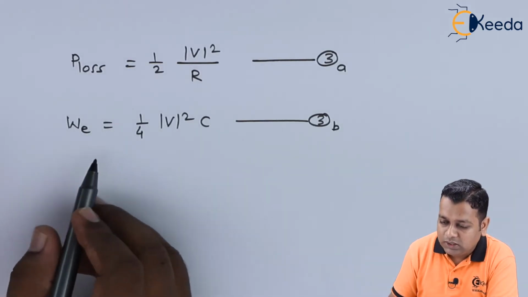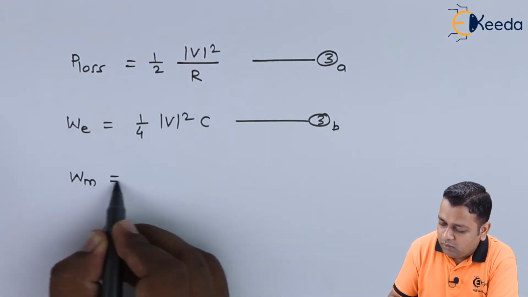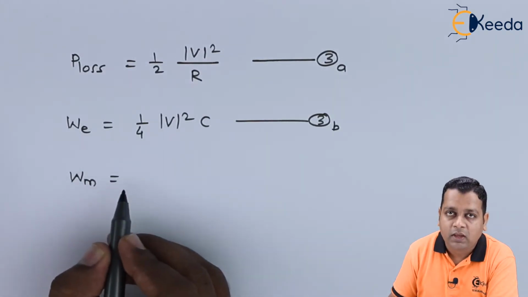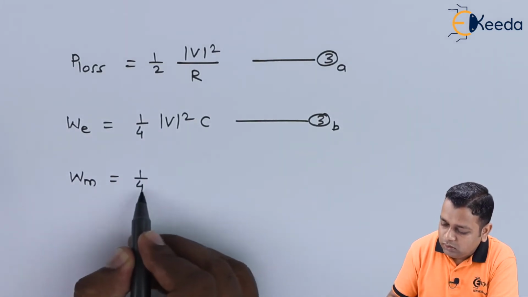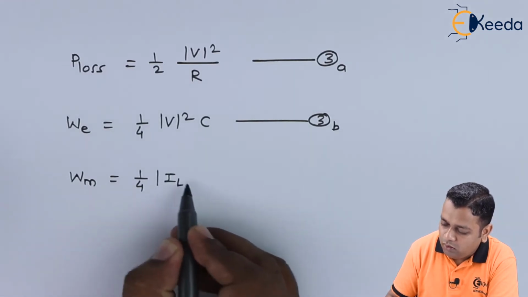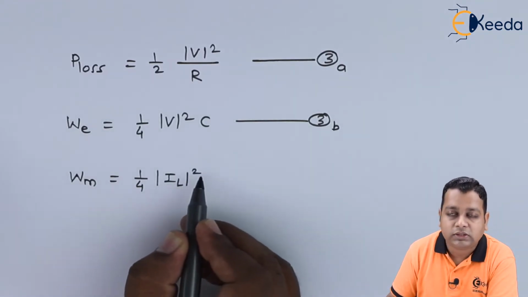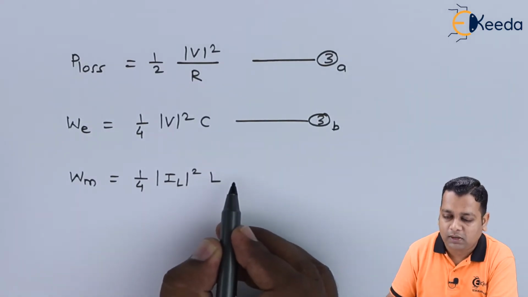The average magnetic energy stored in the inductor can be denoted by W suffix m, and it is given by W suffix m is equal to 1 by 4 times mod of capital IL squared multiplied by the inductance value L.